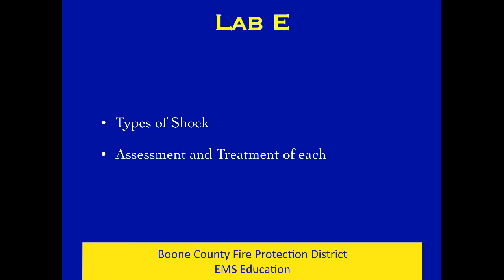In the meantime, we fill up the container, and at some point, if that is not working, we're going to add a way to shrink the container pharmacologically. So a lot of good concepts here. We redid this entire EMS 150 course to focus on shock, these types of shock, assessment, and interventions. And so Lab E will be kind of a roundup, wrap-up, and review of all that stuff. So we'll see you in Lab E.